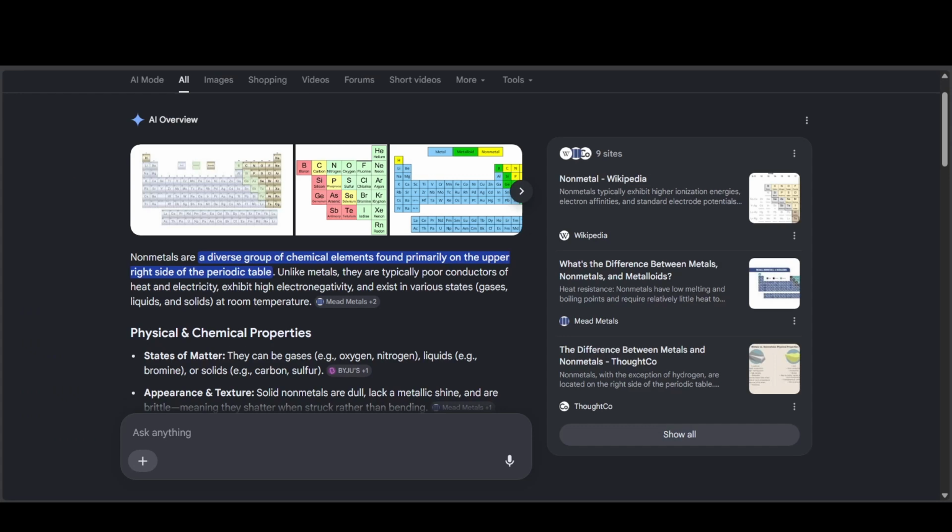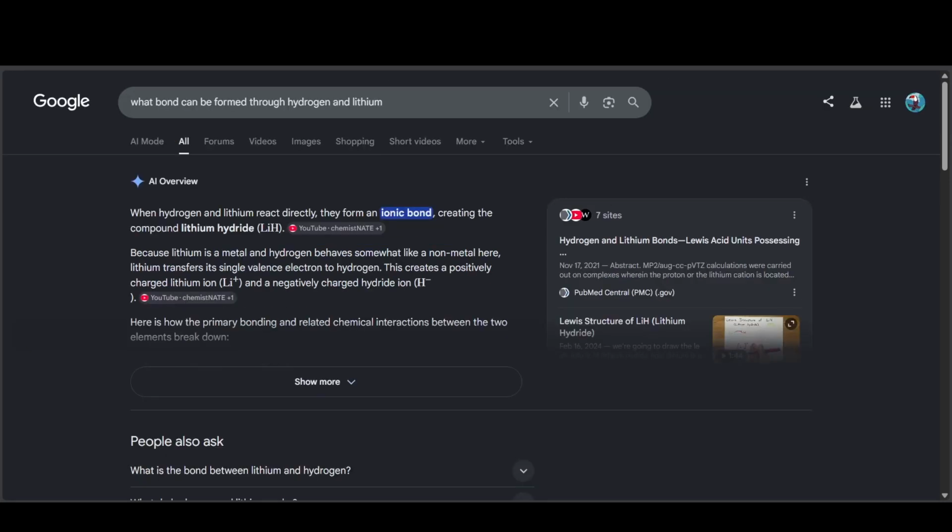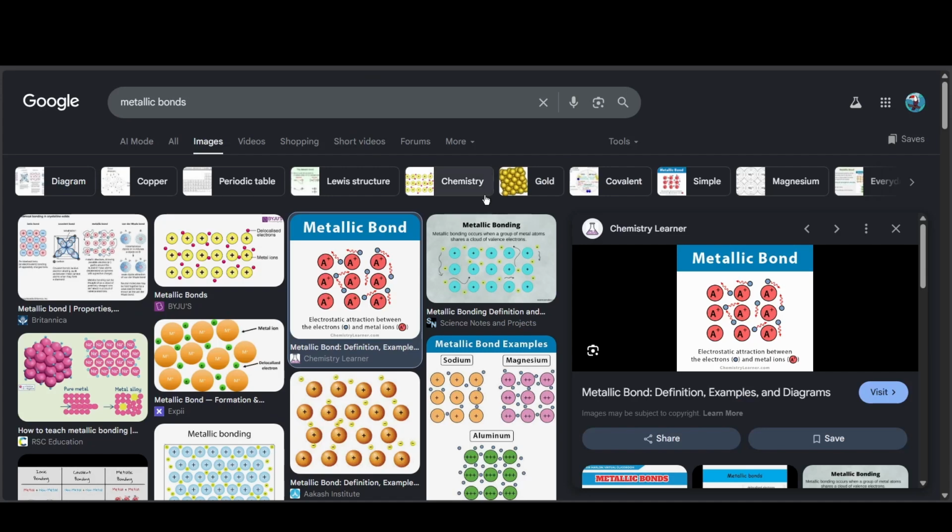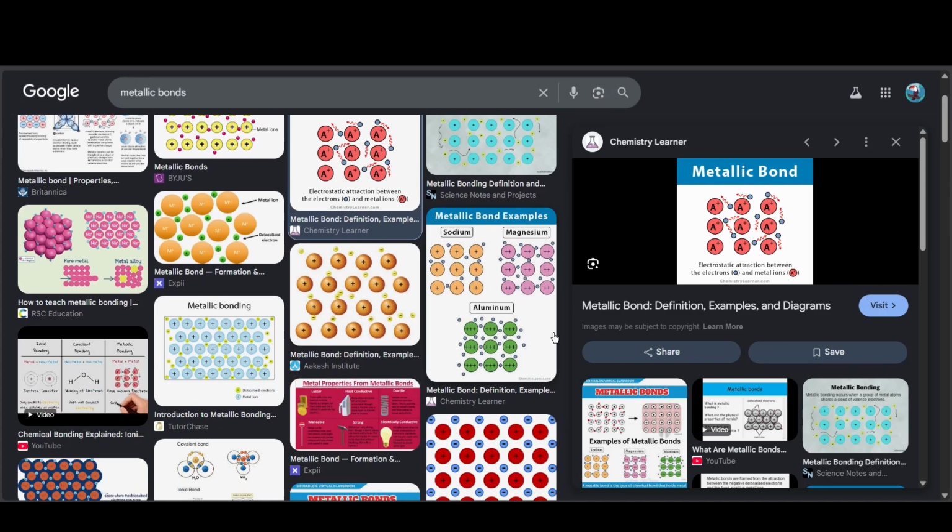Let's just say it's another hydrogen atom. Okay, we have one proton right here, one positively charged proton. So okay, we have a valence electron.